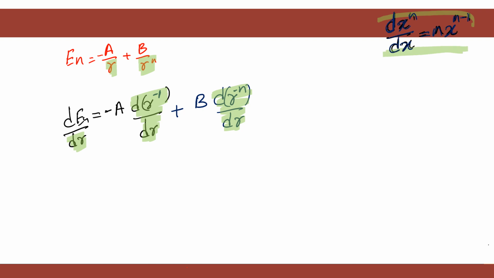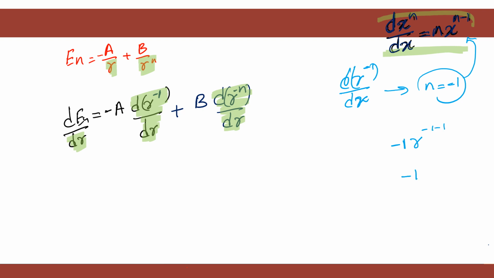So what we need to do here, if you consider this first one, d(r^-1)/dr, what is n in this case? n is equal to -1, isn't it? So you put the -1 here. So you get -1 r^(-1-1). Am I right? So this will be -1 r to the power -2. So this will be -1 over r to the power 2.